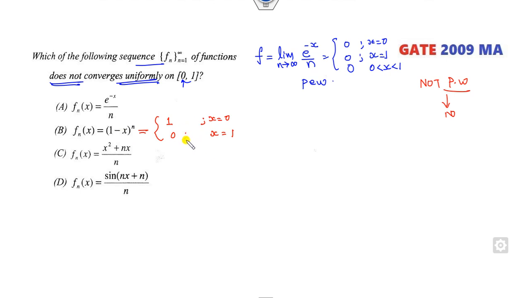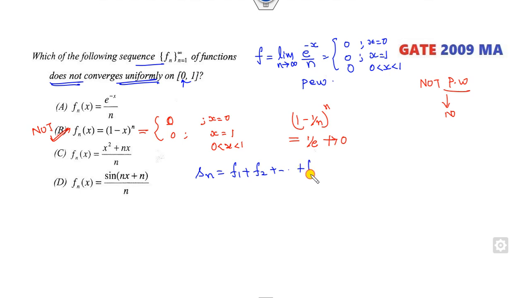If I take x between 0 and 1, it is 1 over n of this. Clearly it says that it is 1 over e, which does not go to the 0. It means this is not piecewise, it means this is not a uniform convergent. Moreover, if you think there is some mistake or you have some confusion, you can define the nth partial subsequence f1 of fn.